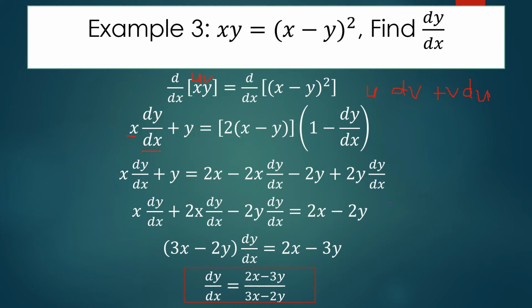Therefore, the derivative of y is dy over dx. Plus, ang v natin is y and du, the derivative of x, is equal to 1. So, no need to write 1. It is equal to, ano naman ang derivative of the square of x minus y.